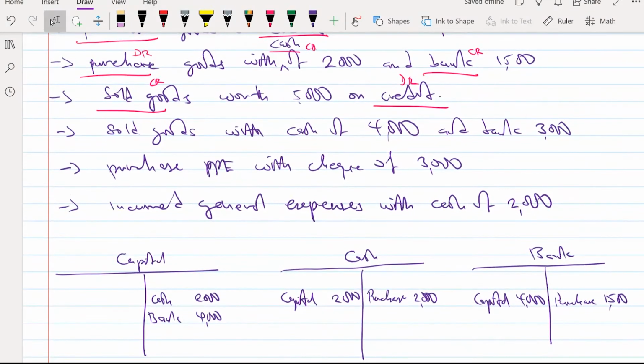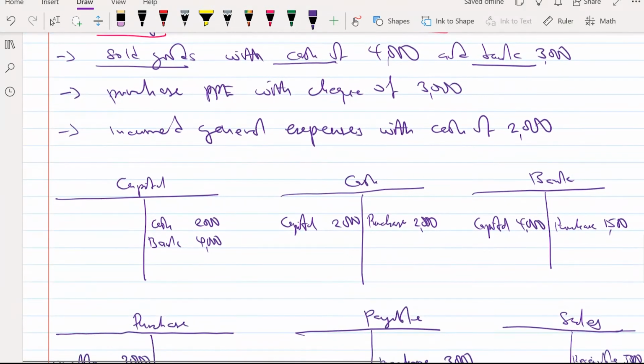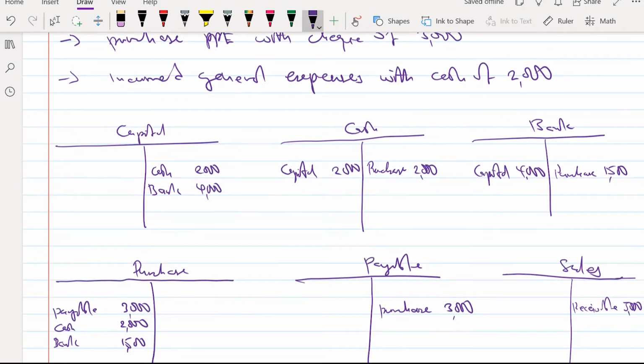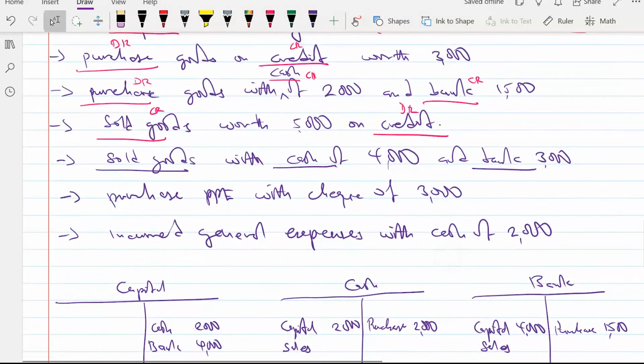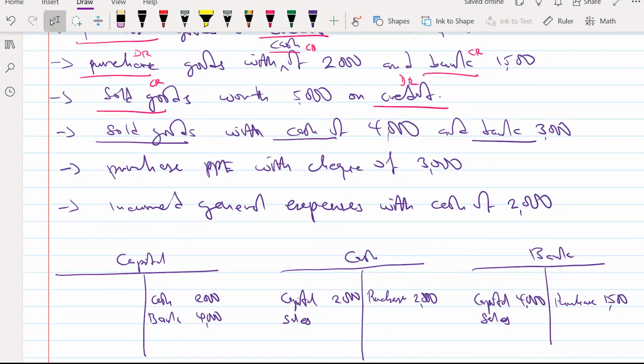Okay. We have sold goods with cash of 4,000 and bank of 3,000. Again, sales, cash, and bank, 3,000 and 4,000. We already have the sales account, and the cash and bank accounts. Let me use a different color to highlight it properly.